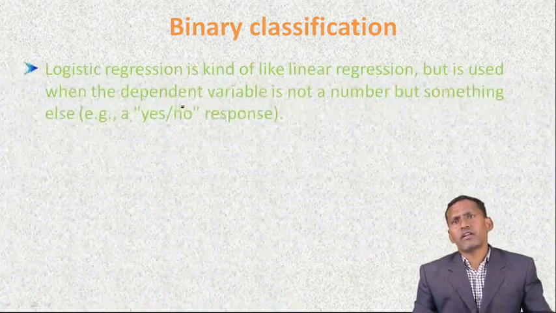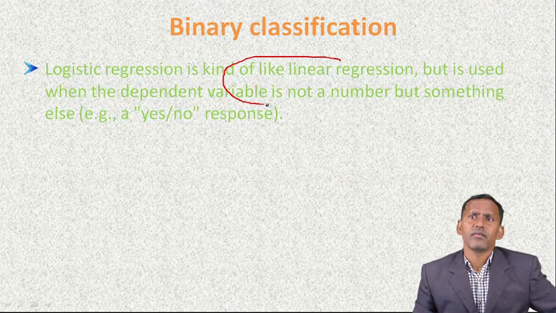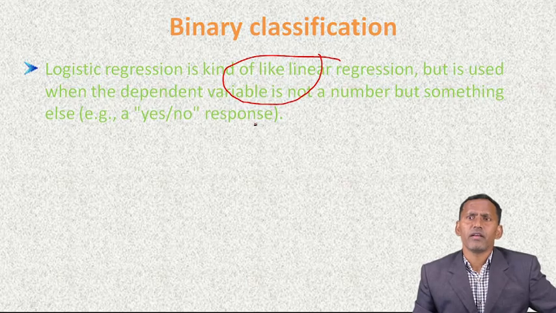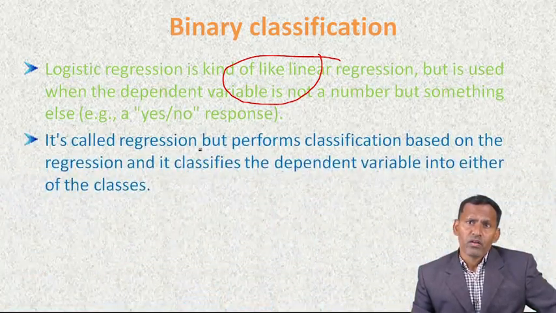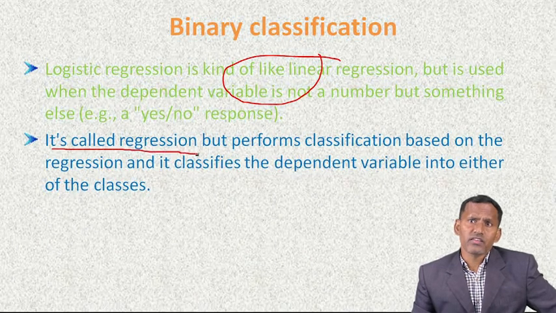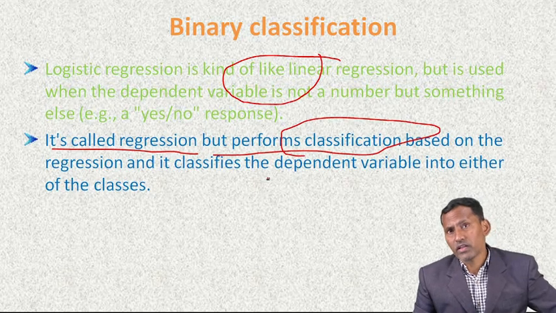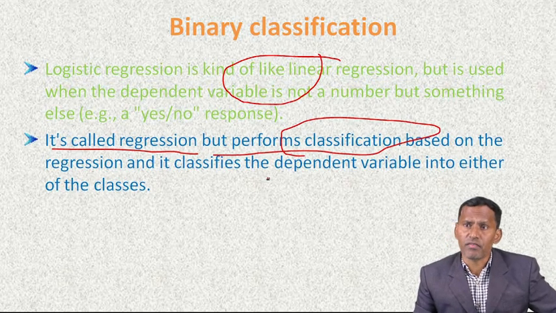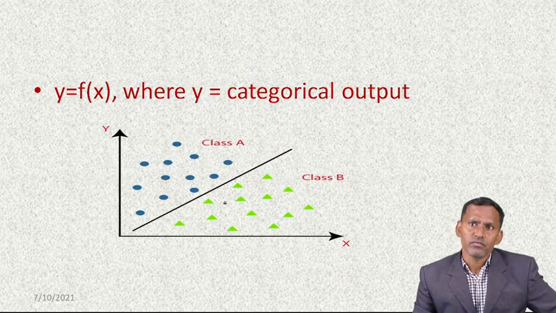Binary classification forms a line or curve between independent and dependent variables. It's called regression, but even though the name indicates regression, it performs classification based on a threshold value.